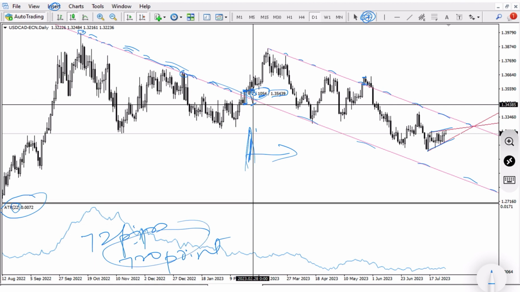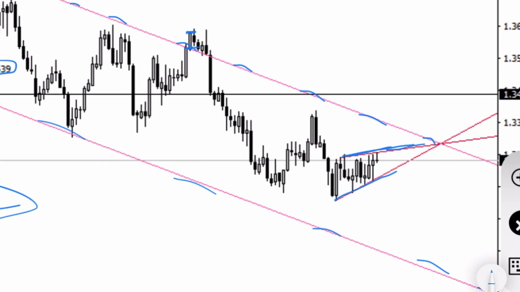Can we say that we need a candle of more than 72 pips to justify the breakout of this trend line? Of course not, because this range is hardly 120 pips. If we wait for a candle of more than 72 pips and then make a trading decision, it will already be too late.